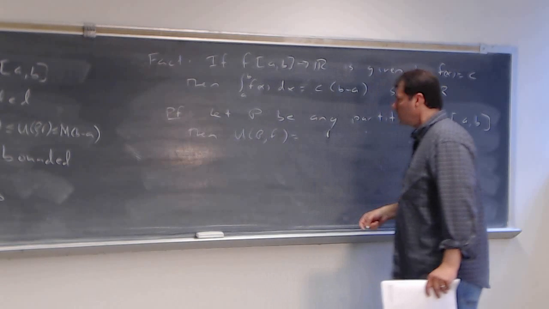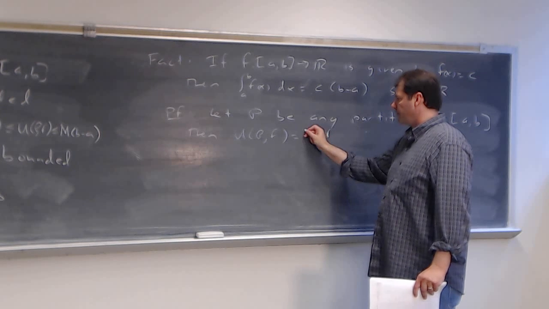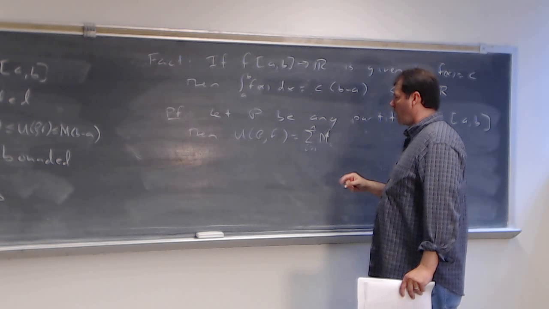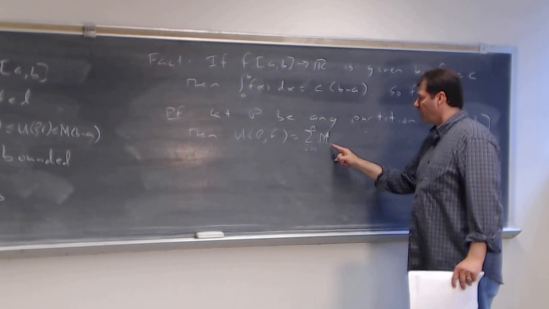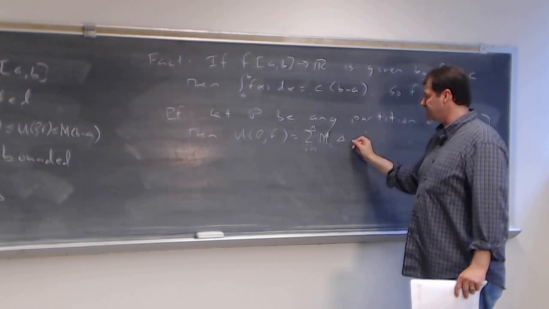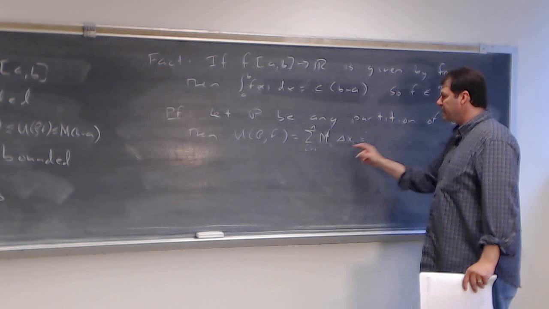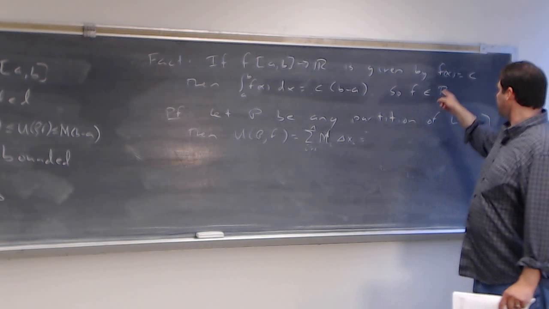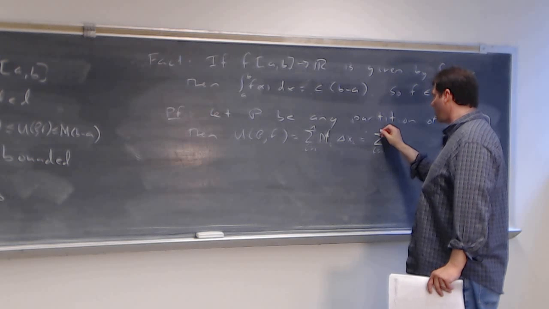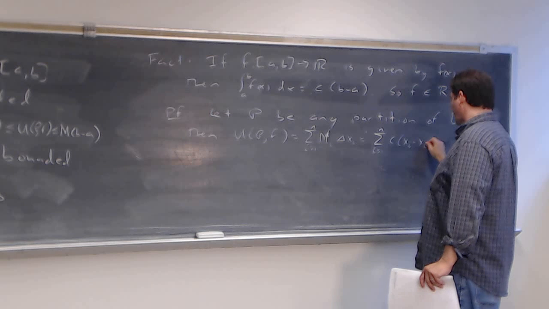Well, its definition was that we're taking the sum of these supremum values of the function over these subintervals from x sub i minus 1 to x sub i, and then times the distance of those subintervals, which we call delta x sub i here. And so what this is going to be equal to, that supremum is always the same. The supremum of this function, since it's a constant, is always c. So this is equal to the sum, as i runs from 1 to n, of c times this distance, x sub i minus x sub i minus 1.